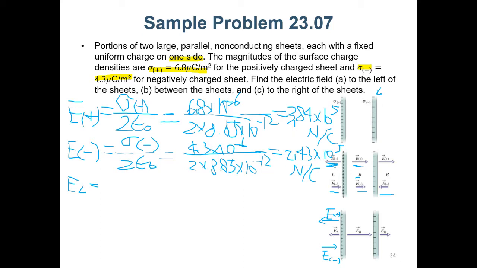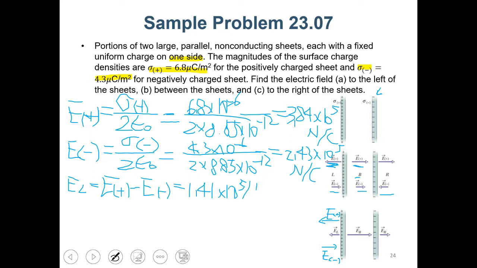So actually EL will be E plus minus E minus. So it will be 1.4 times 10 to the 5 Newton per Coulomb, which points to the left side. So this is part A.